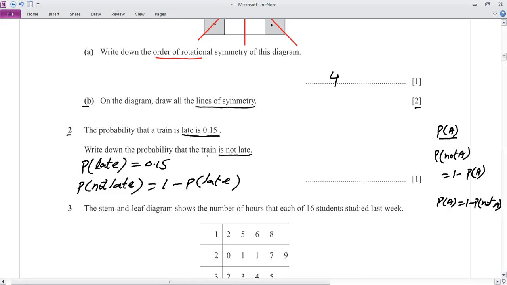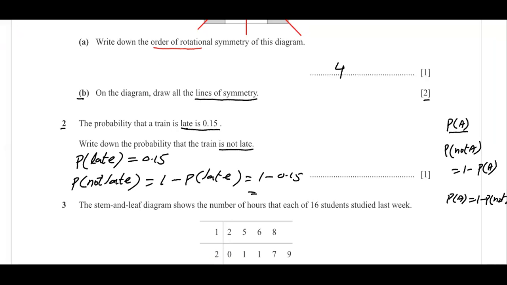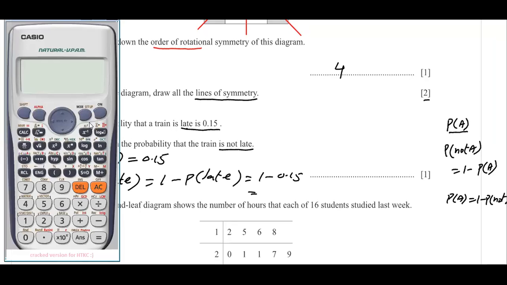So what will be the probability that the train will not be late? It will be 1 minus the probability of being late. So do 1 minus 0.15. Let's calculate that. Wait a second, let me open the calculator here. So it will become 1 minus 0.15. It is 0.85.